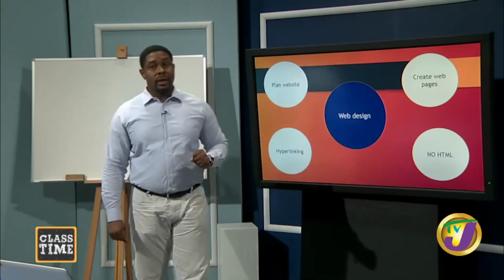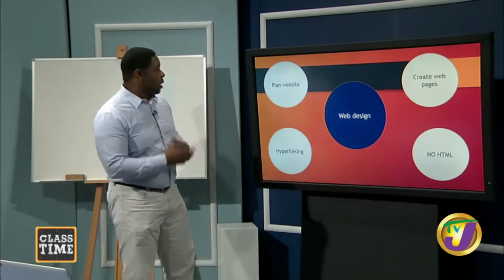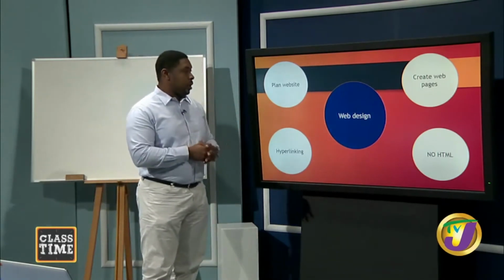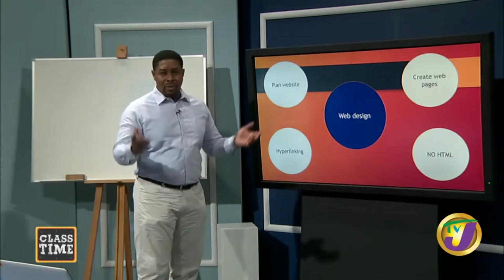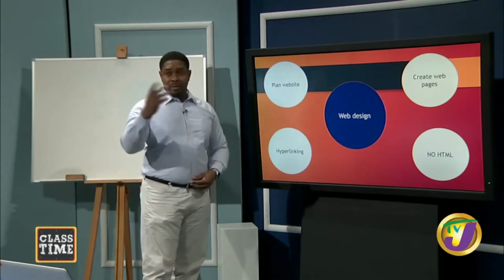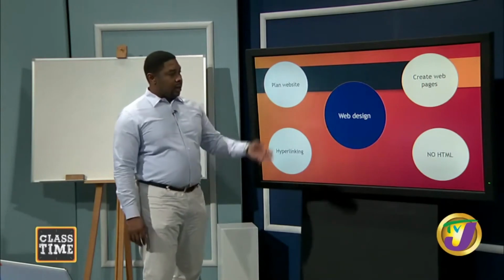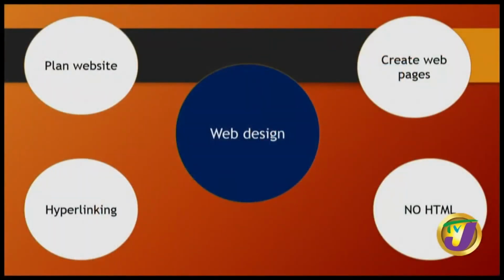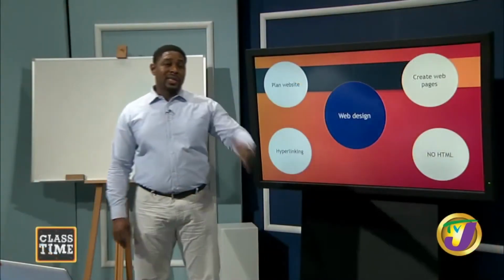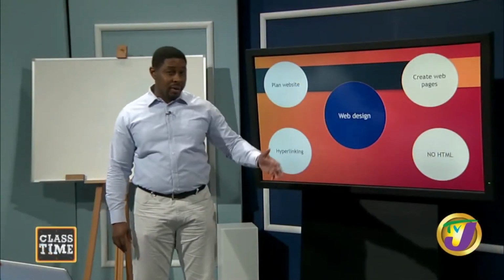Then we have web design, and again, we spoke about this earlier, hyperlinking, creating websites and web pages, and that's part of what we have to do for the syllabus. And one thing has to be said is that there will be no HTML. You don't have to learn HTML at this level. So what's good about that is that you can design a web page in Microsoft Word. You can save a spreadsheet as a web page.